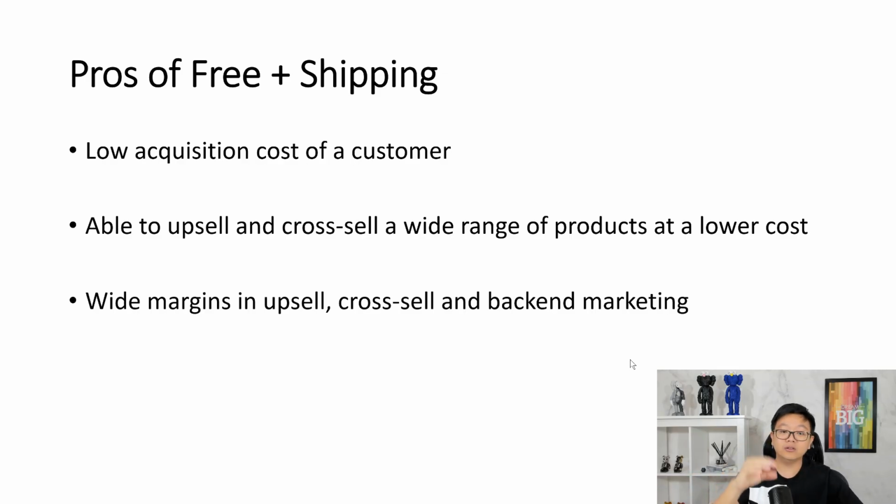Usually all these margins are made in upsell, cross-sell, and back-end marketing, because you will not have all these extra costs when you're selling to the same customers that have already bought from you, right? They already paid for the first product, and all you need to do is try to upsell them the other range of products you have. Basically, everything that they buy later on is free money for you, okay?